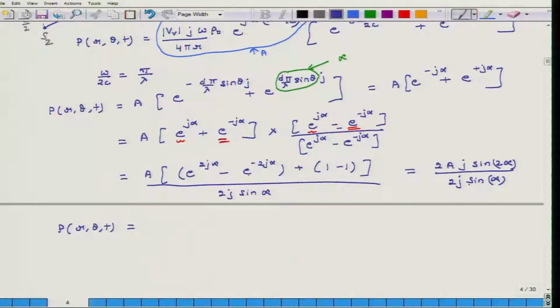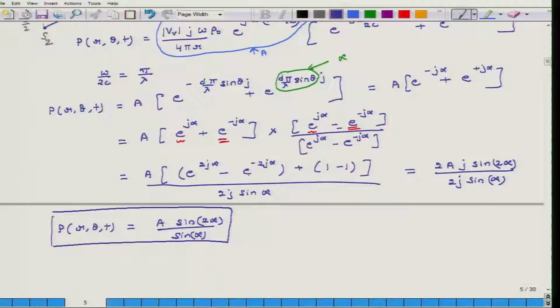So, 2j cancel out, and I am left with sine of 2 alpha divided by sine of alpha. So, if I have two sources, my pressure at a far field point is A times sine of 2 alpha divided by sine of alpha.